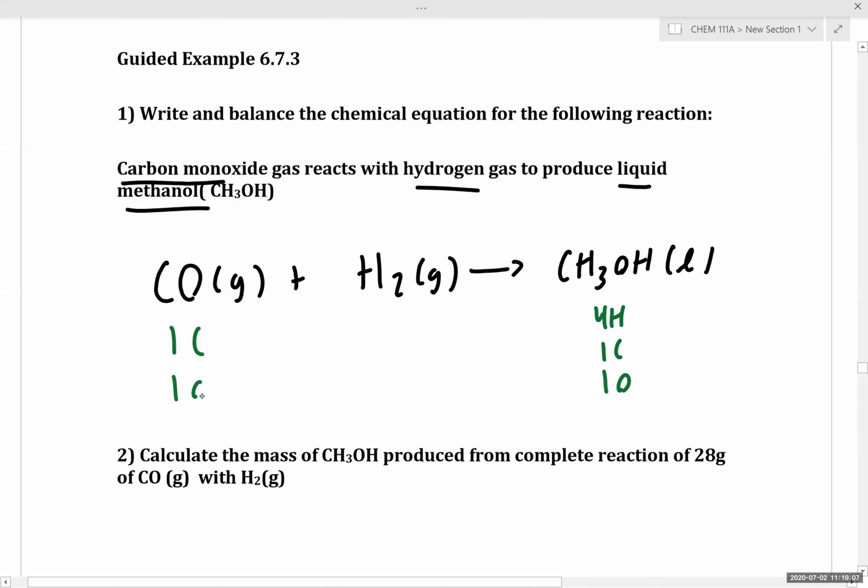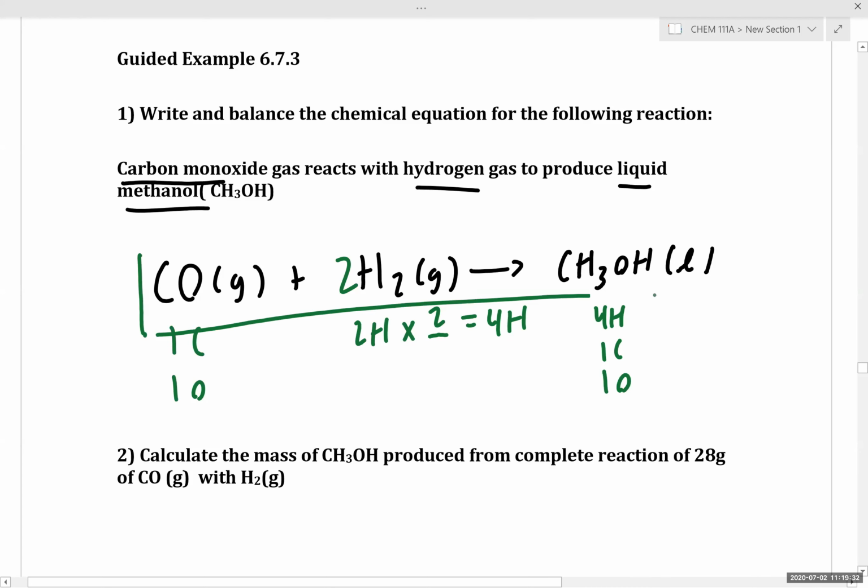And we have 1 carbon, 1 oxygen, and 2 hydrogens on the left. So 2 times what would give us our needed 4 hydrogens? What coefficient do we need for hydrogen? 2, yep, there we go.